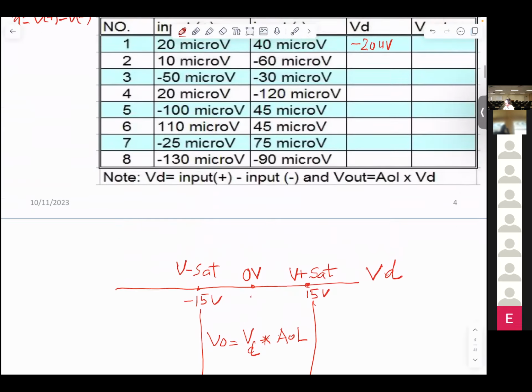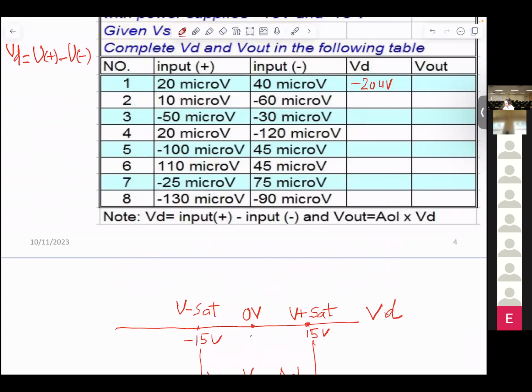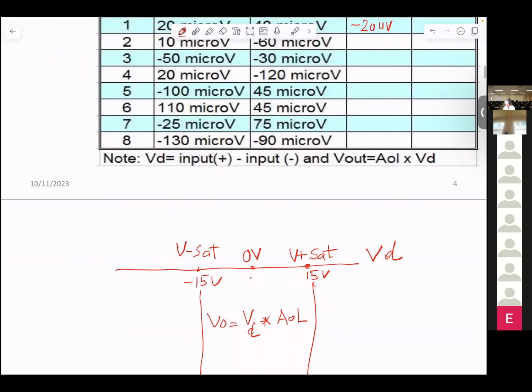Now, you get minus 20 microvolt. What do we get for the output? 300, negative or positive? Am I correct? Okay, I understand that.